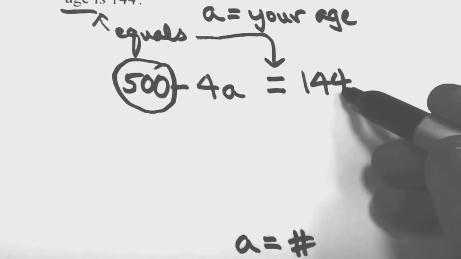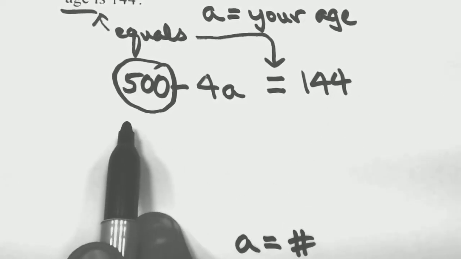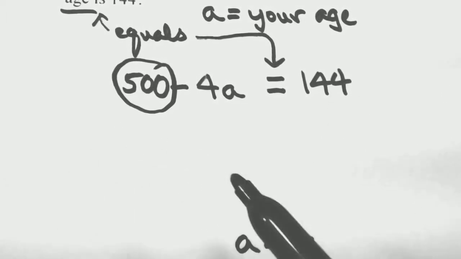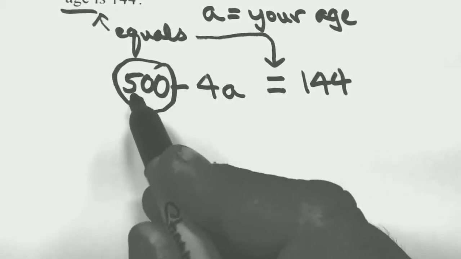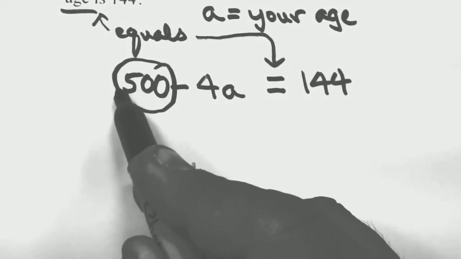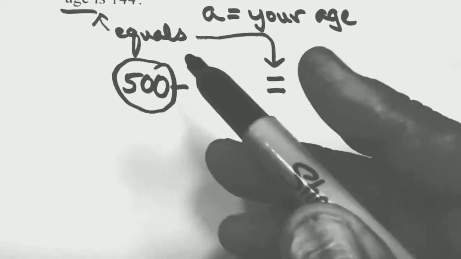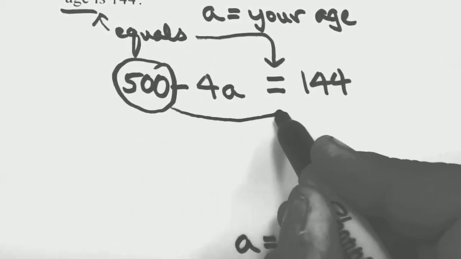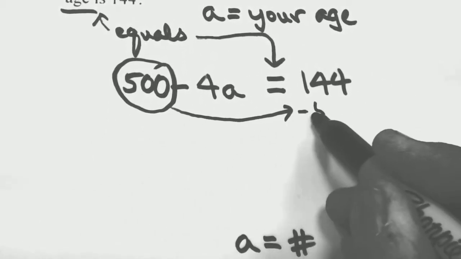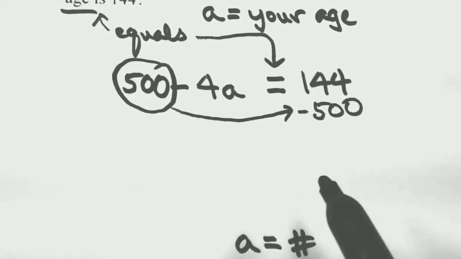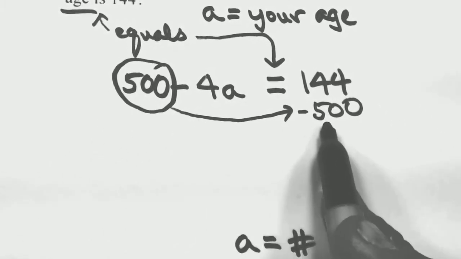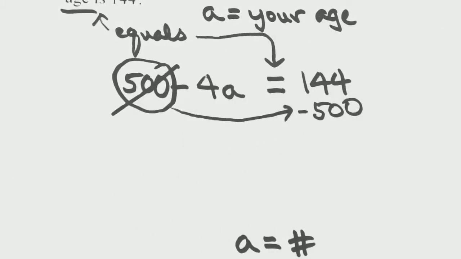The right side is a plain number, that's okay, so the only one that needs to be moved is the 500. Now, that 500, there's no sign in front, so we know that's assumed to be positive. When we jump it over here, it comes over as -500. Okay, positive 500 became -500, so the 500 has been moved.